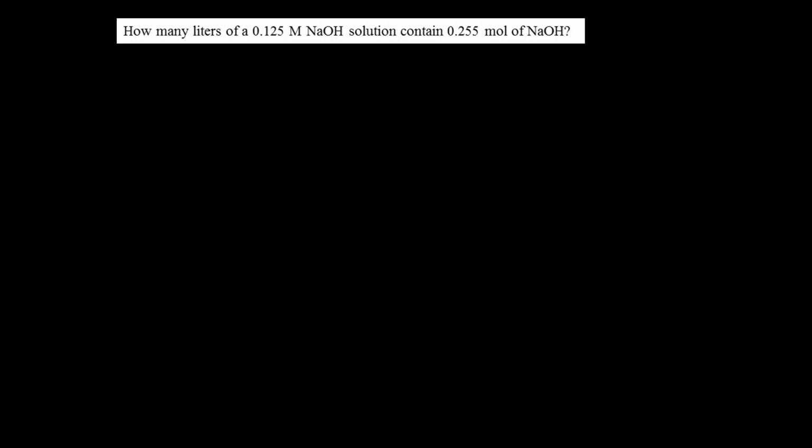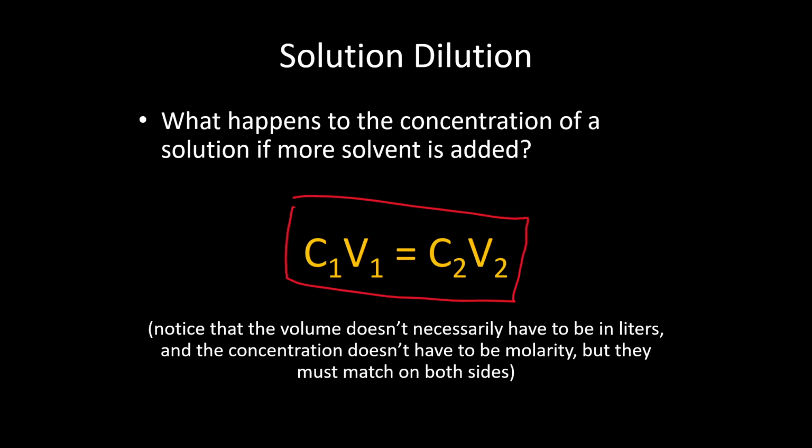In addition, you should be able to use the dilution equation to work out what the concentration of a solution would be after it is diluted, or the original concentration of a solution before it was diluted, whatever. You should be able to solve for any part of this equation here.